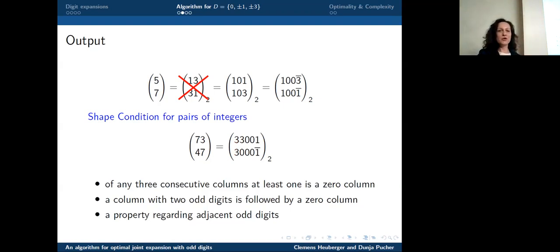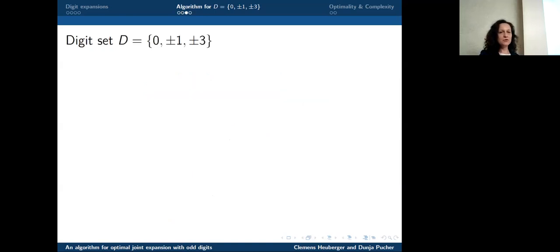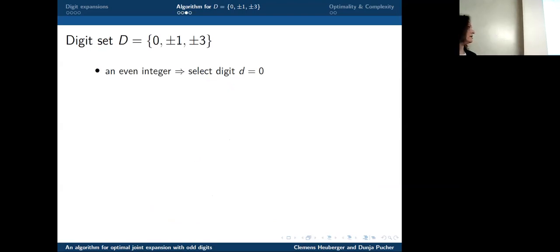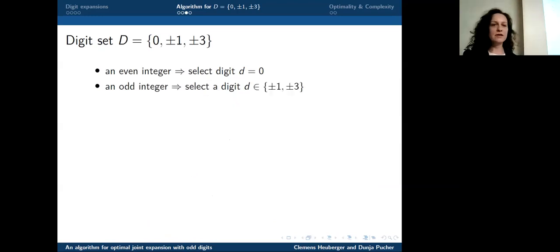Okay, so then just a few observations regarding the digit set. So what can we do with our digits? If I have as an input an even integer, then I have to choose an even digit, and my only even digit is digit 0. But if I have an odd integer, I have to select an odd digit.